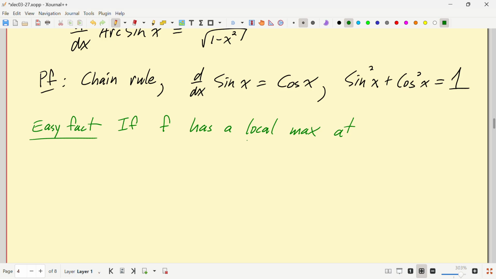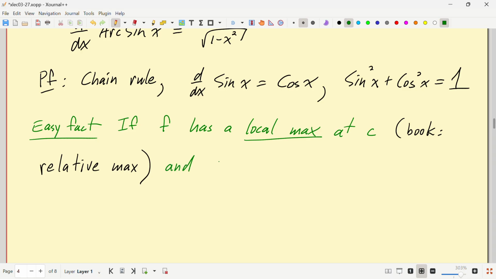I still like to call it a local max. So it has a local max at c, and it's differentiable there. Then that derivative has to be 0.